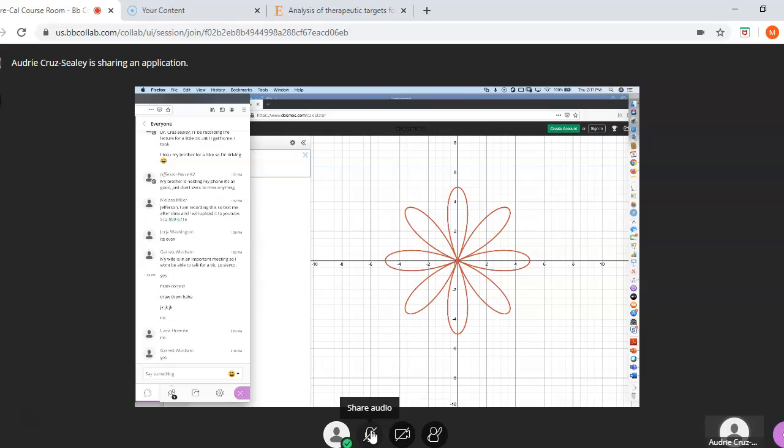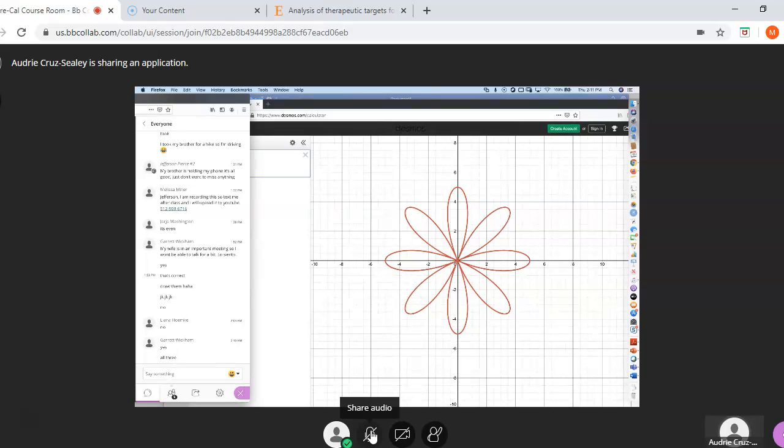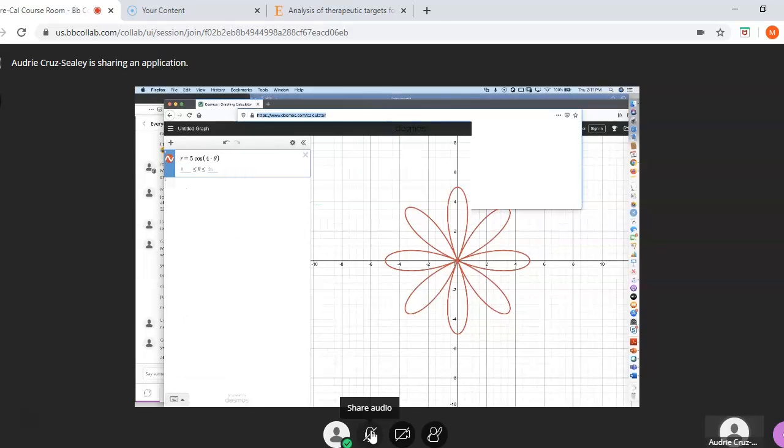Anybody? Yes. Good job, Garrett. All 3. This looks like all 3 of them, that it's symmetric about the pole. And let me just give you, maybe this will help.